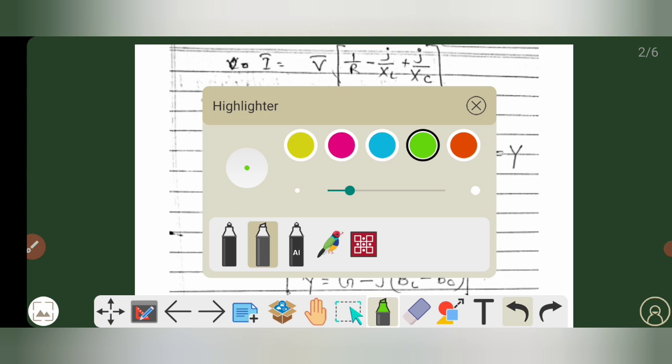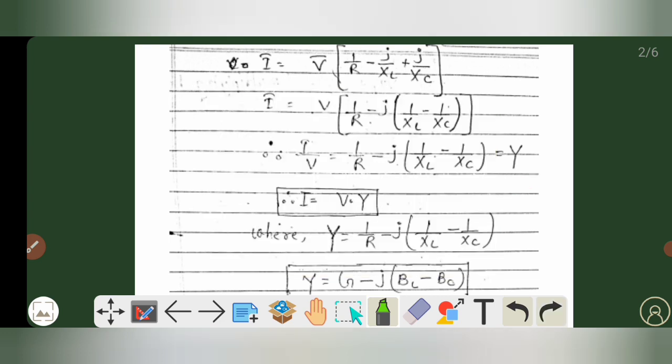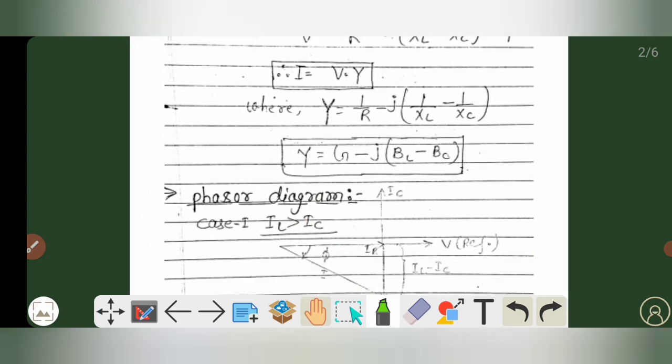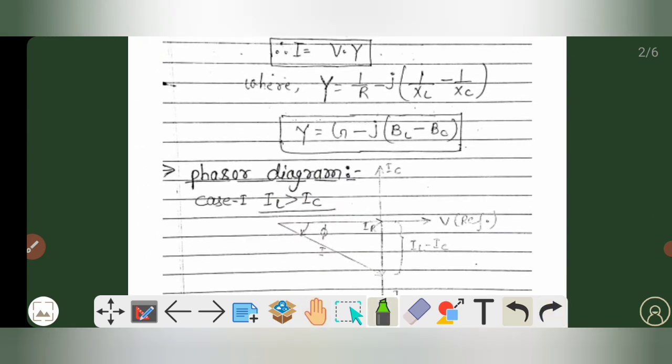From here we can calculate that I is equal to V into admittance, where admittance Y is equal to 1 by R minus j into 1 by XL minus 1 by XC. We know that 1 by R is denoted by G, that is conductance, which is the reciprocal of resistance. And 1 by XL is denoted by BL, and 1 by XC is denoted by BC.